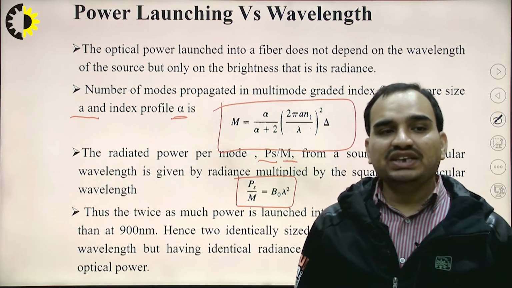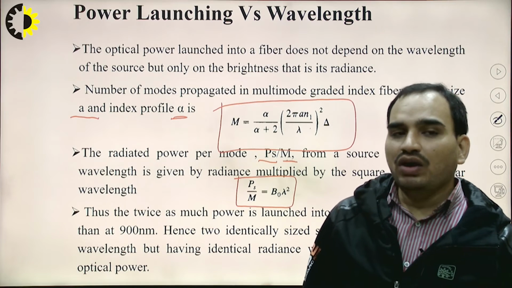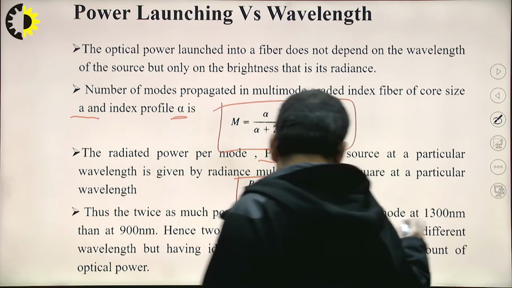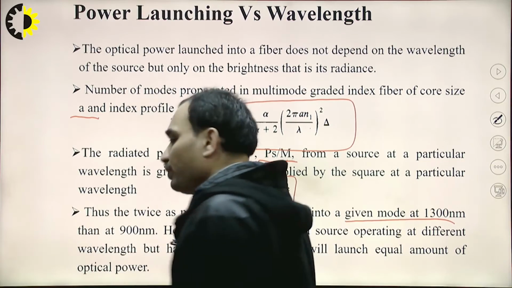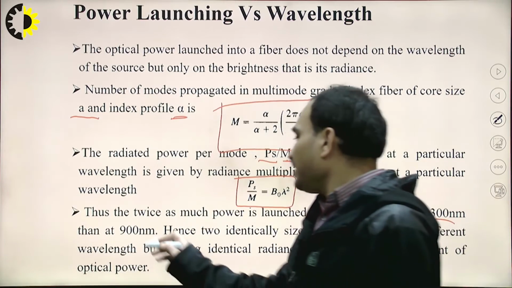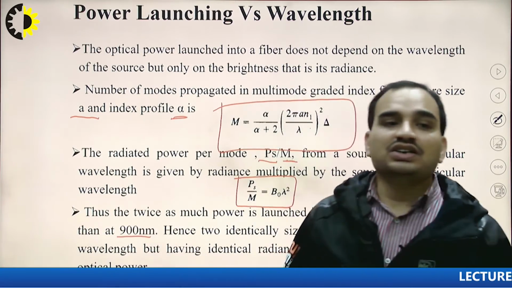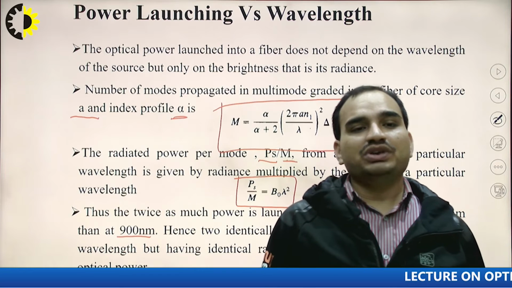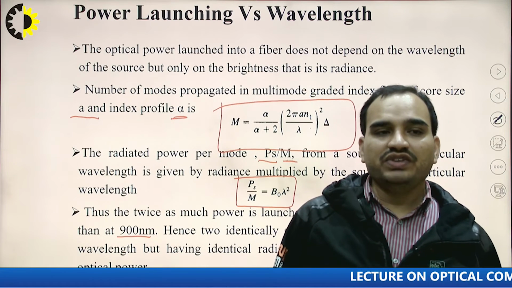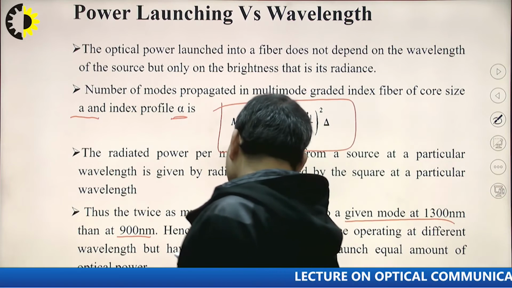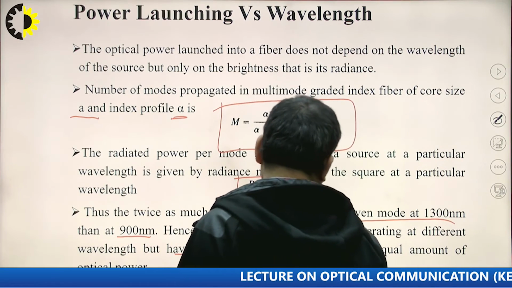Thus twice as much power is launched in a given mode at 1300 nanometers than at 900 nanometers. Hence two identical sized sources operating at different wavelengths but having identical radiance will launch an equal amount of optical power.